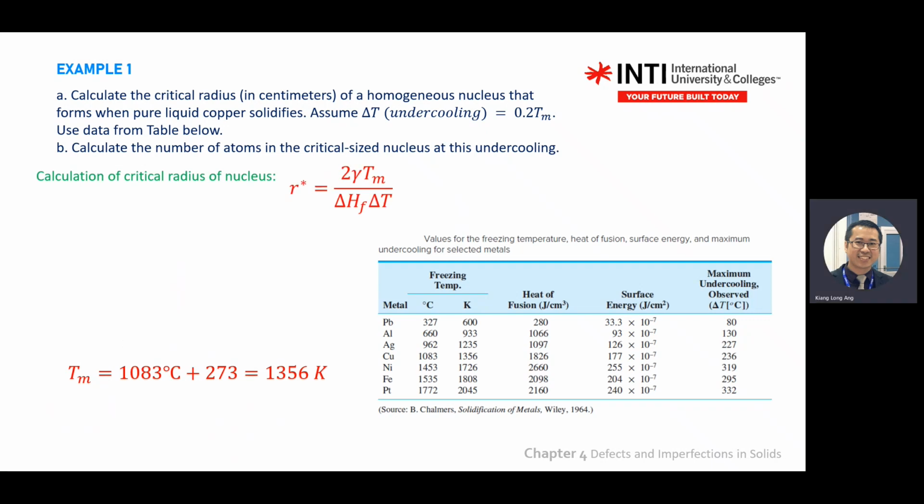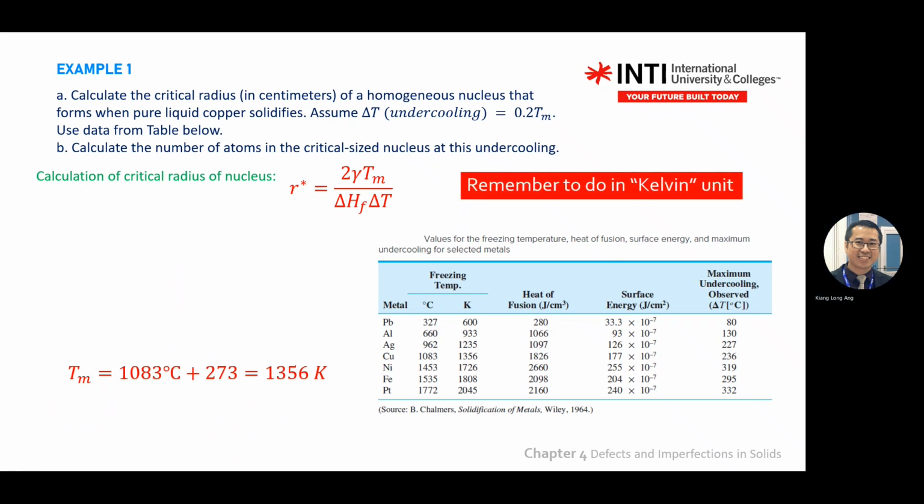The calculation of the nucleus uses this formula: R star equals 2 gamma Tm divided by the energy of fusion and delta T. This formula you need to do in Kelvin.